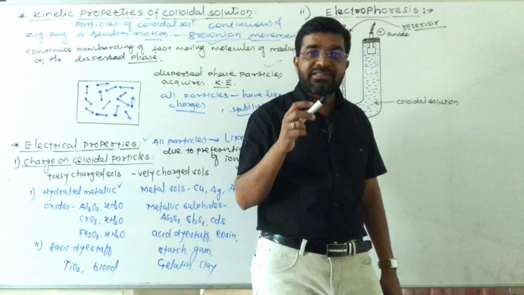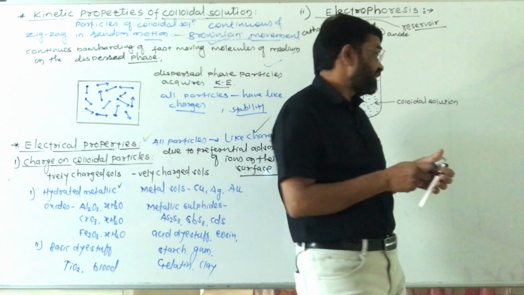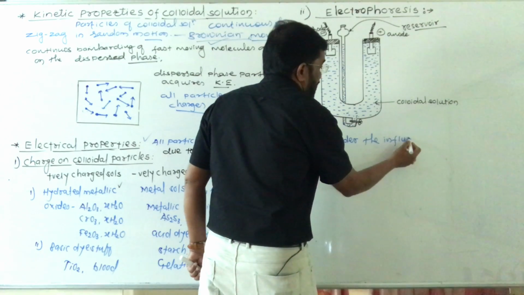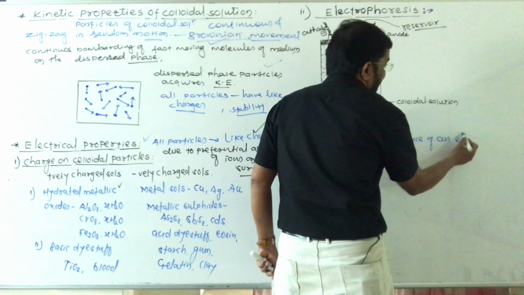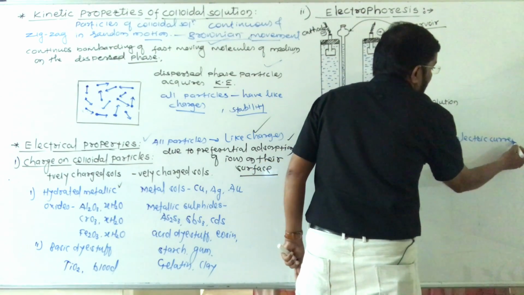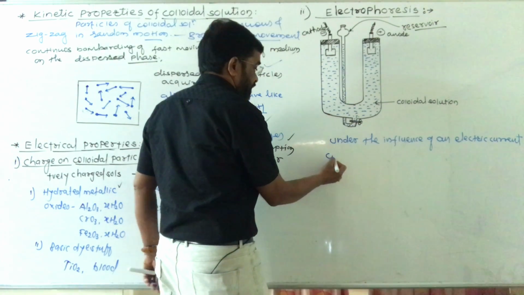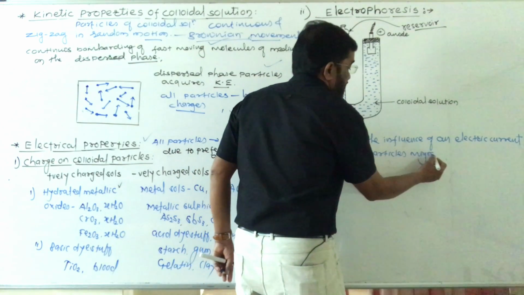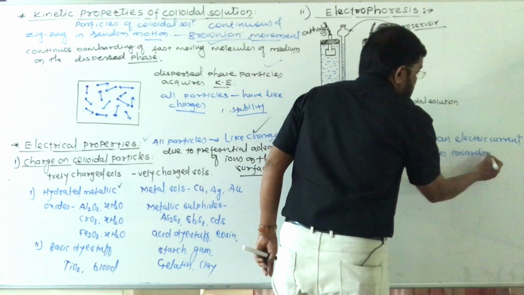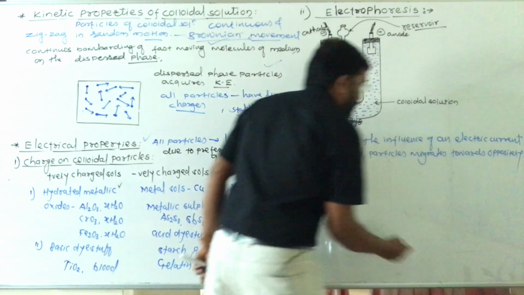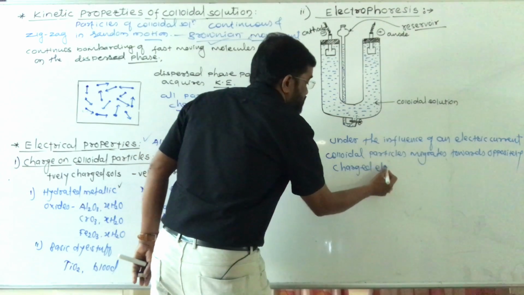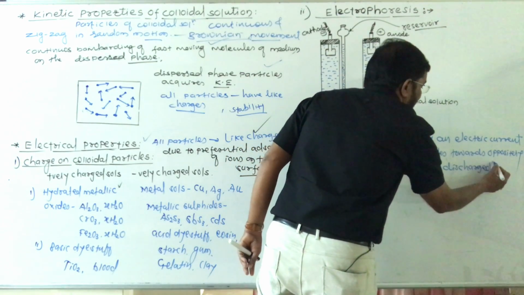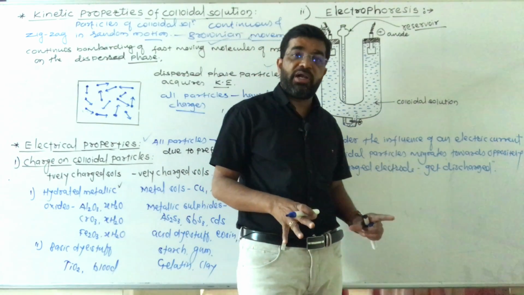So if they are electrically charged particles, then under the influence of an electric current, colloidal particles migrate towards the oppositely charged electrode, and they get discharged there and deposited. The process is called electrophoresis.